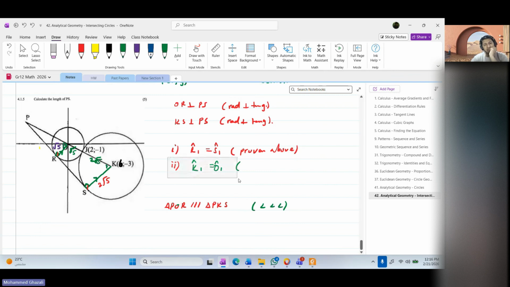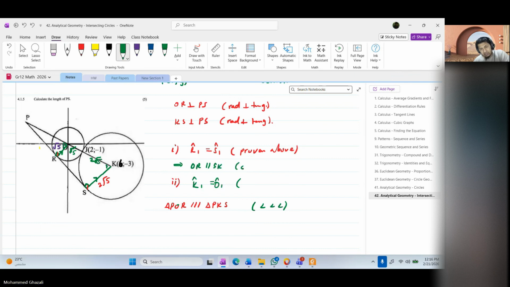I still need to prove parallel lines to say that now. K1 and O1, this implies we can say OR is parallel to SK because corresponding angles are equal. Now angle K1 equals angle O1 because of corresponding angles, because OR is parallel to SK.